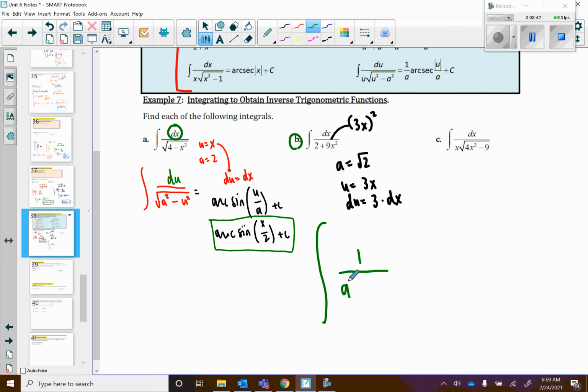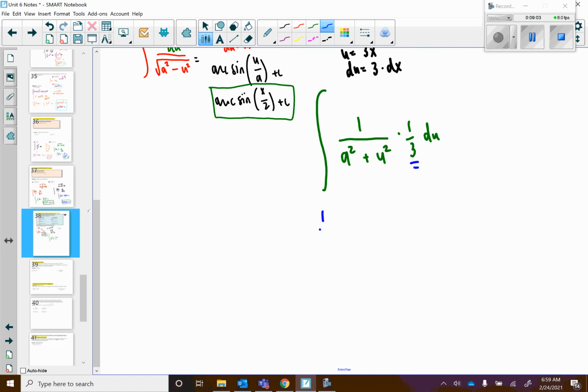So it's a squared, because a is the square root of 2, plus u squared. And instead of dx, I really have 1/3 du. This coefficient we can pull out front. So we have 1/3 the integral of 1 over a squared plus u squared du.